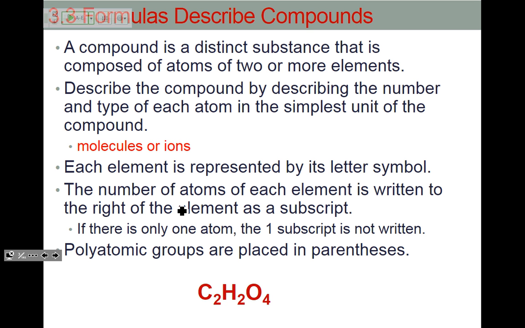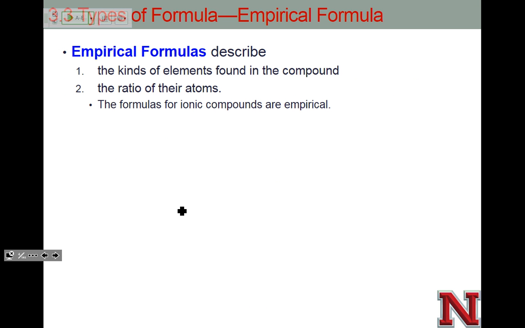I can still divide all those subscripts by a number and still get a whole number. So that's why I said this is likely the exact amount of carbons, hydrogens, and oxygens. But an empirical formula doesn't necessarily show you the exact amount, it just shows you the lowest whole number ratio of each element to each other element in the molecule or compound.